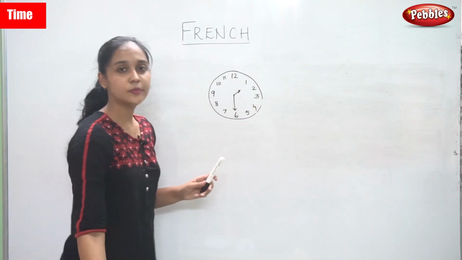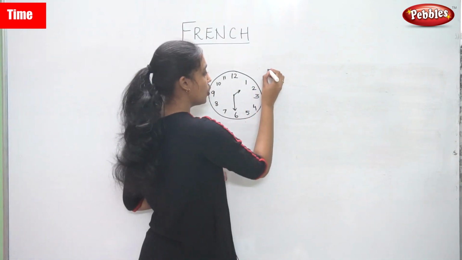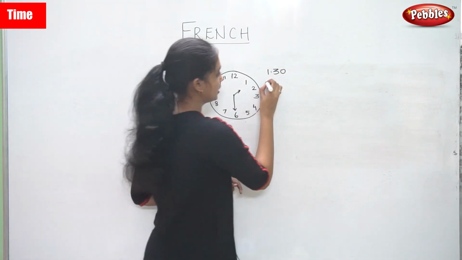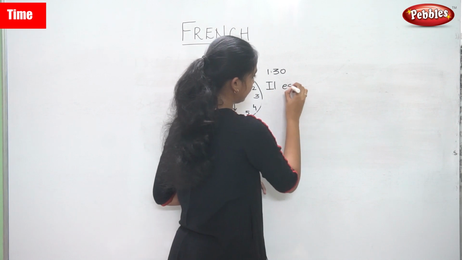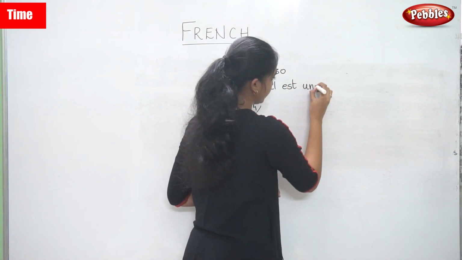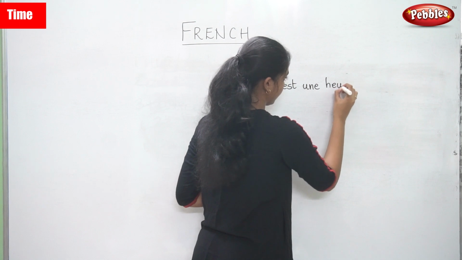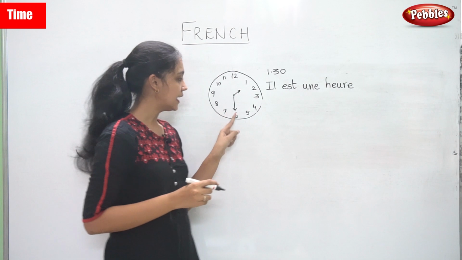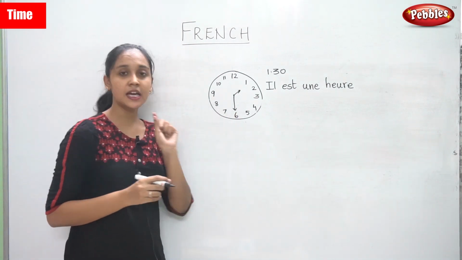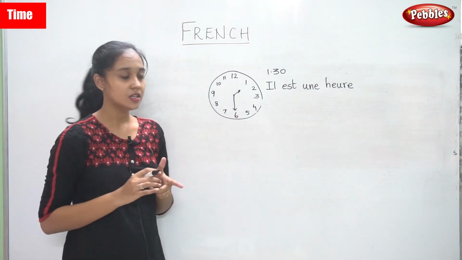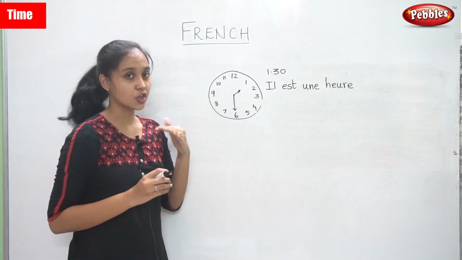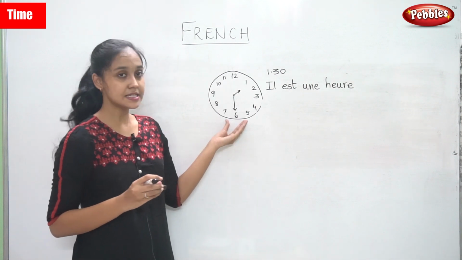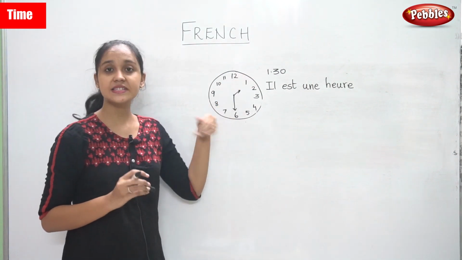So normally when we say the time is 1:30, right? Il est 1 heure. It is 1 hour, so 1 o'clock and 30 minutes. But you can say 30 minutes, it's not wrong. But the most common way of telling the time is, it is 1:30.